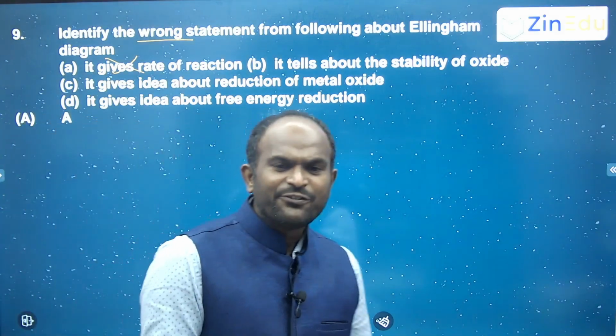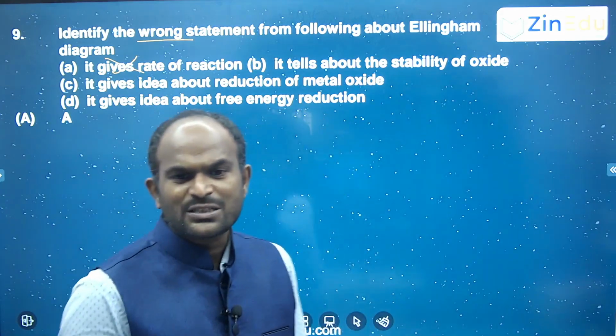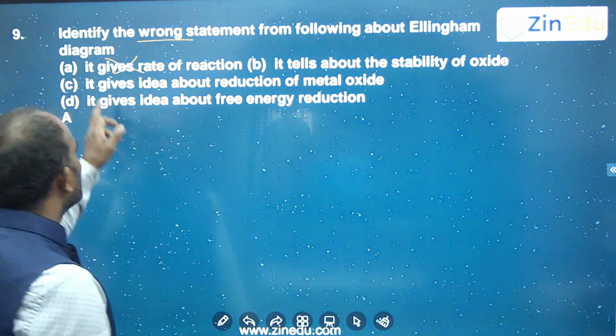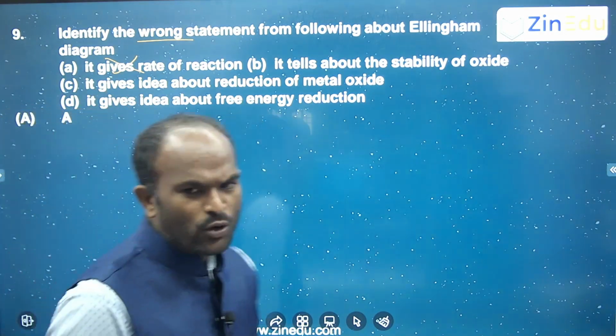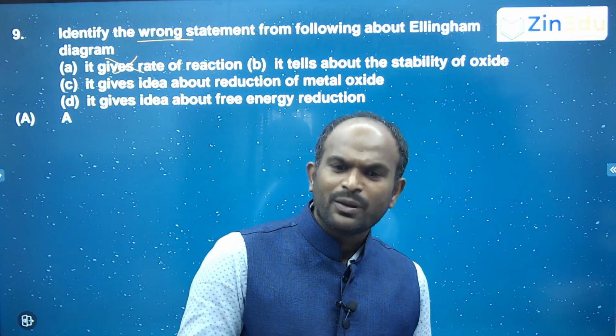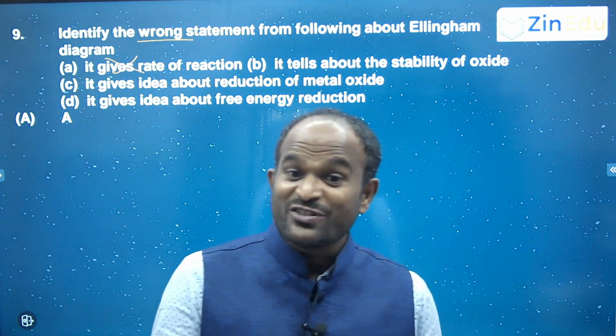Yes, if delta G is more negative for the formation of that particular oxide, then that is going to be more spontaneous or more stable. Yes, correct, true. It gives an idea about the reduction of the metal oxide, with which metal it can undergo reduction and with which it does not.